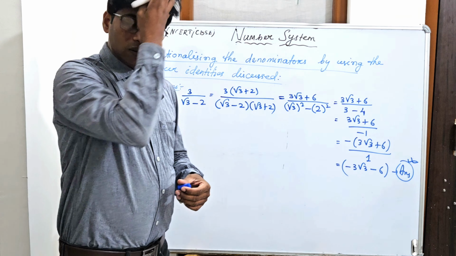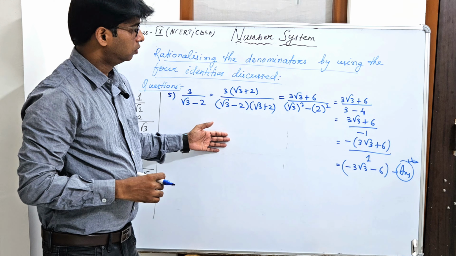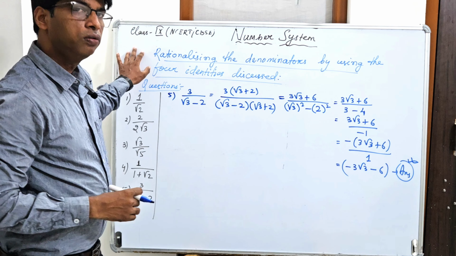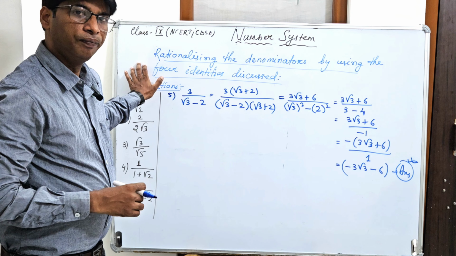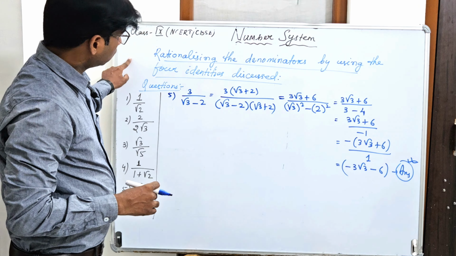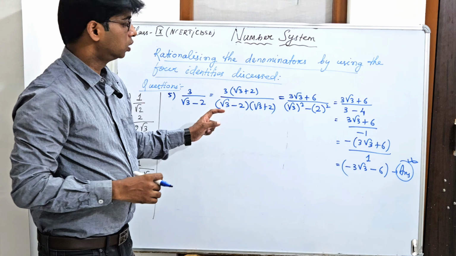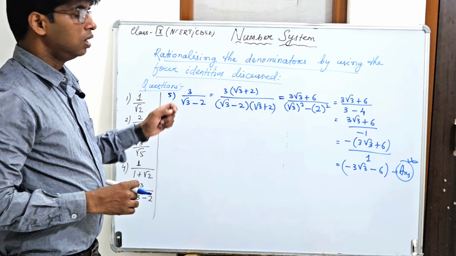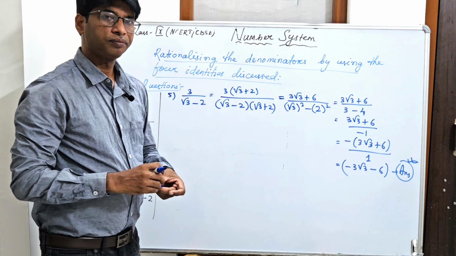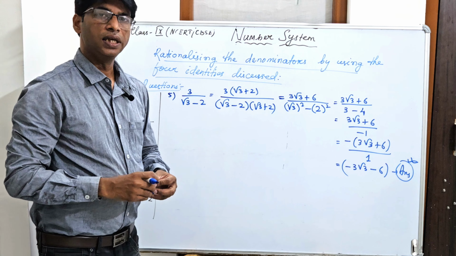So I hope you all like my class today, and that you have understood how to rationalize the denominators, which is a very special topic in this chapter. Henceforth I'll be discussing some important questions related to this. So these are some initial questions to understand the rationalization of the denominators using the identity. So let us discuss in the next class.